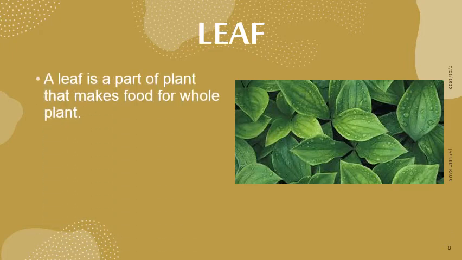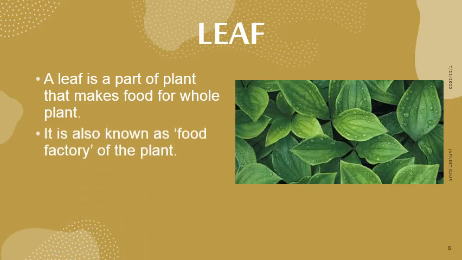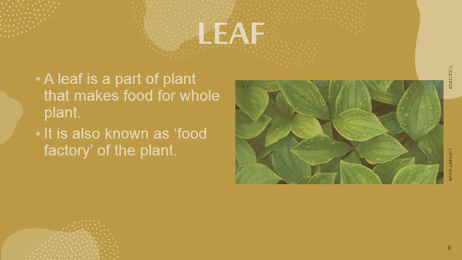A leaf is a part of a plant that makes food for the whole plant. So leaf एक ऐसा part है जो food बनाता है plants के लिए. It is also known as the food factory of the plant, और इसे food factory भी कहते हैं.